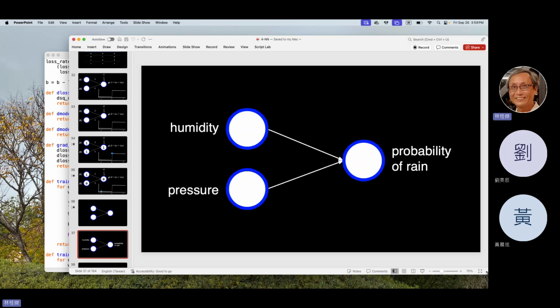Okay. So suppose now we come back to the question. We have humidity and we have pressure, and we want to know what is the probability of rain. So basically, the idea here is to have the system try to put the weights W1 and W2 here, and you also have the W0 here, and then see whether your output here, which is going to be your particular number here, matches our correct result or not.